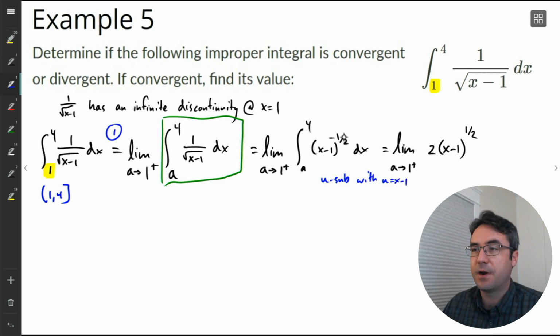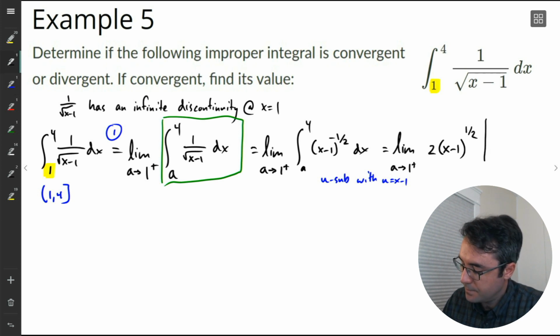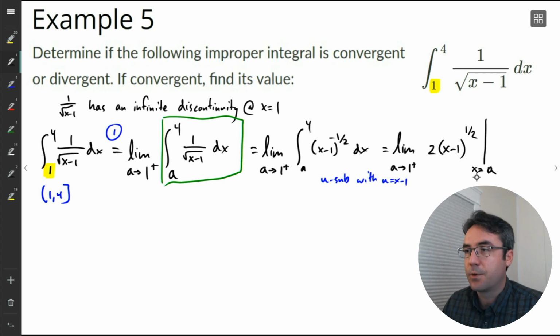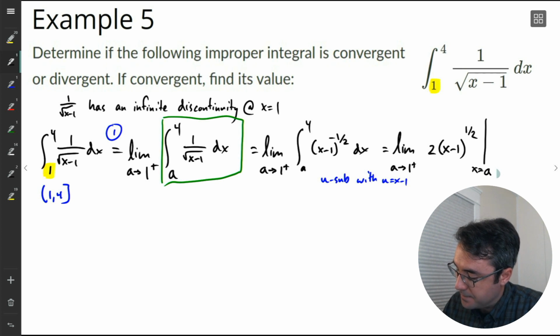But this is one of our common forms of integrals, where it's a mental u substitution that we're doing. So for these, we should be able to just do these without showing all of that work in the middle there. And we're going to evaluate from x equals a to x equals 4.